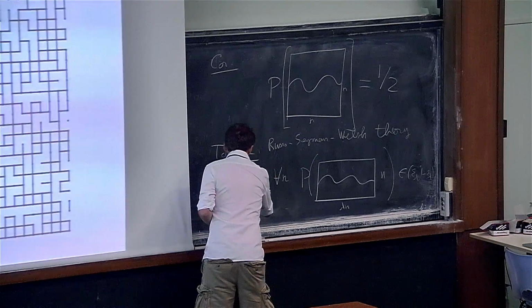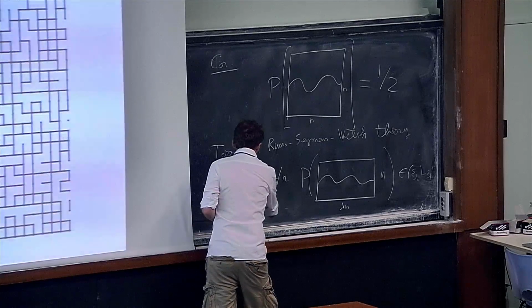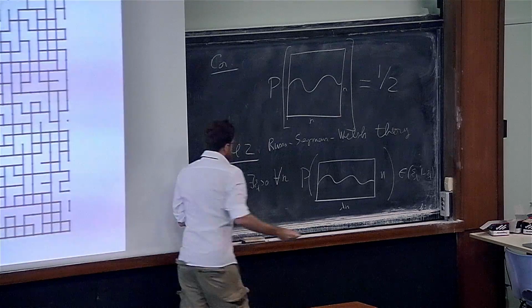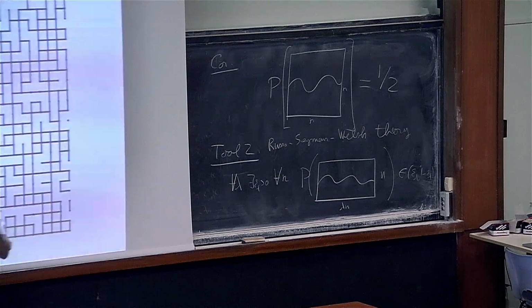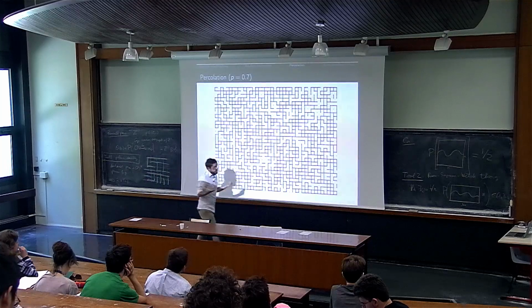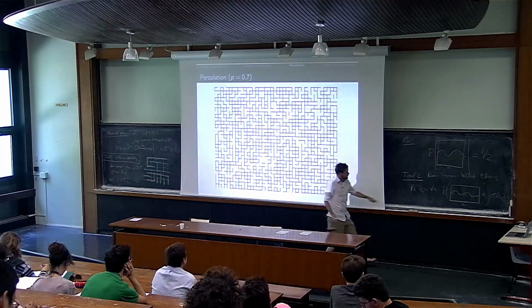So the statement is whenever you fix lambda, there is an epsilon lambda positive, such that these crossing probabilities are uniformly bounded above and below by something non-trivial. So if you want, epsilon sub 1 is 1/2, but this epsilon exists for every value of lambda.